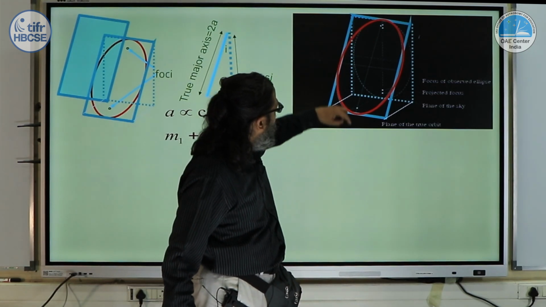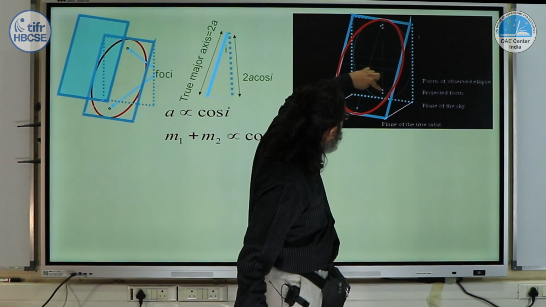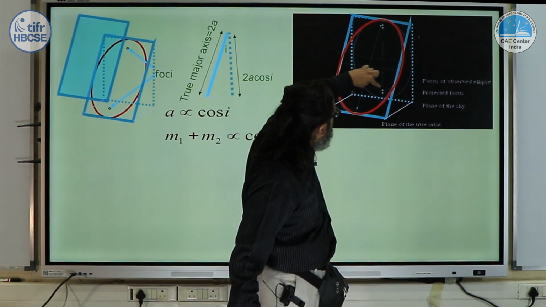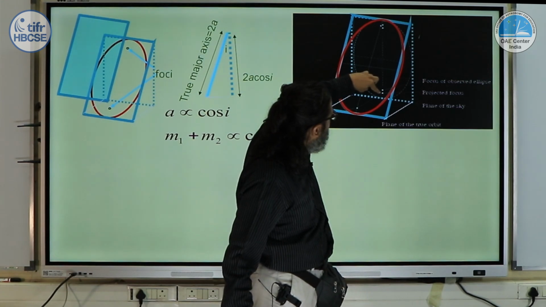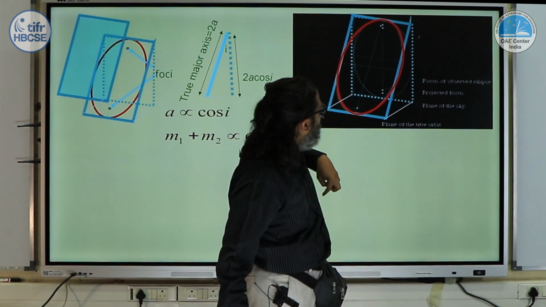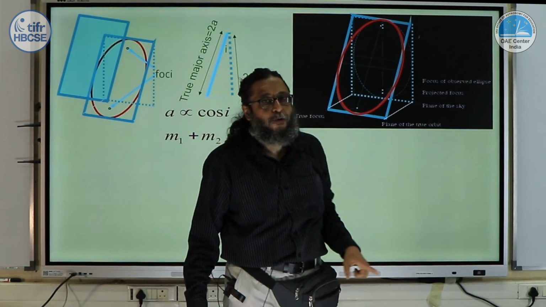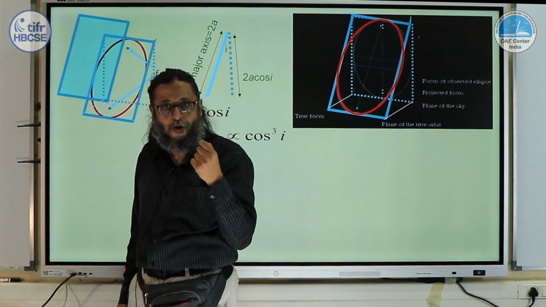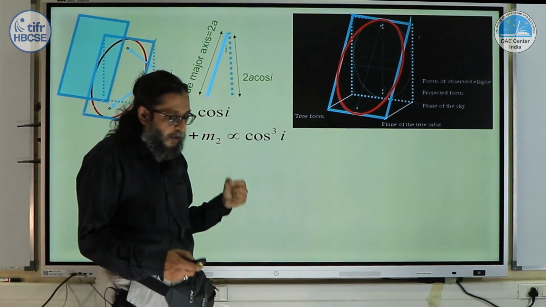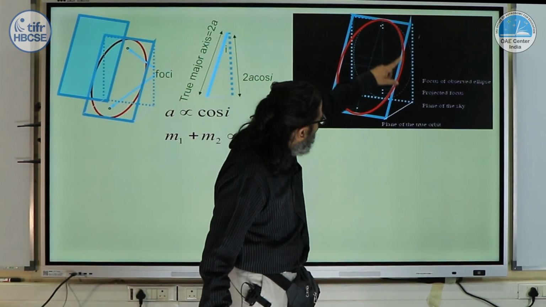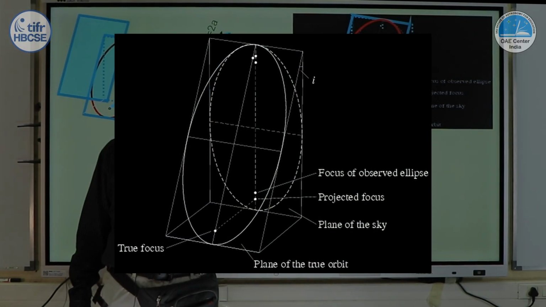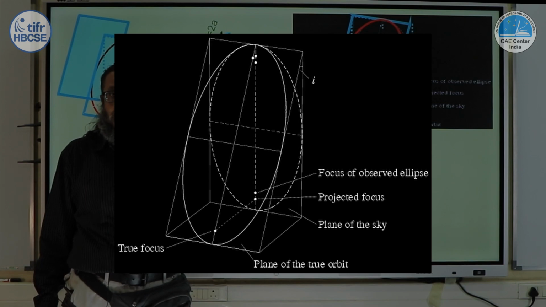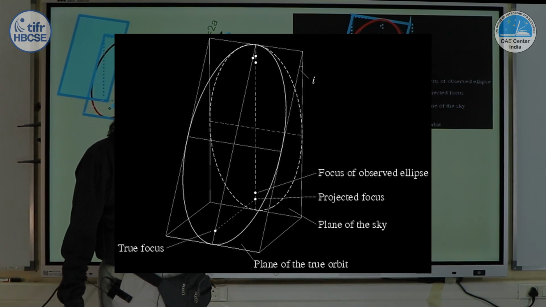Now this point is the focus of the observed ellipse, and this is the projected focus in the plane of the sky. So now you have to make the corrections accordingly. This is the most difficult part of characterizing a binary star system, especially the visual binary star systems.